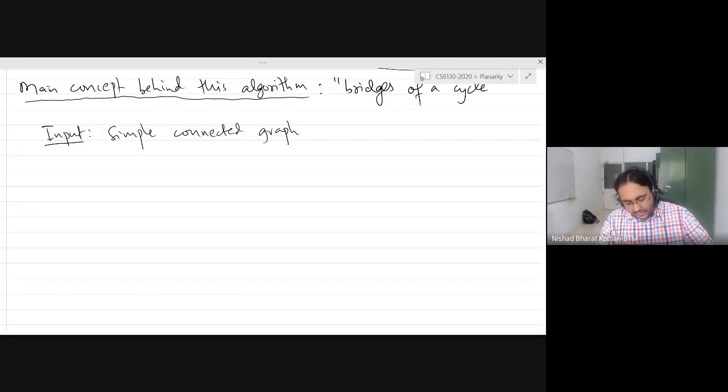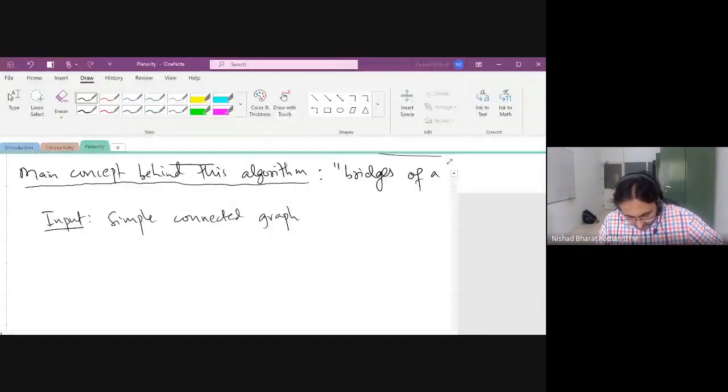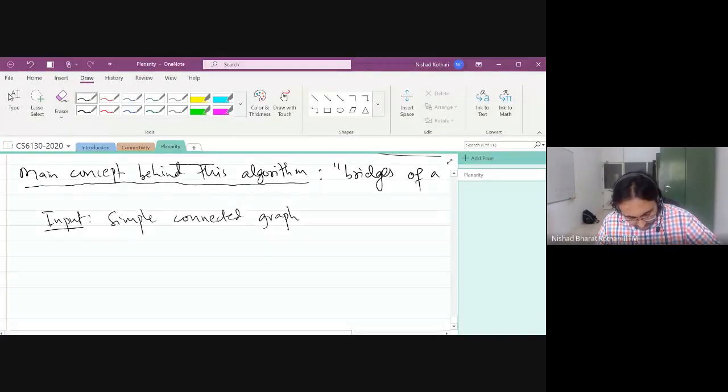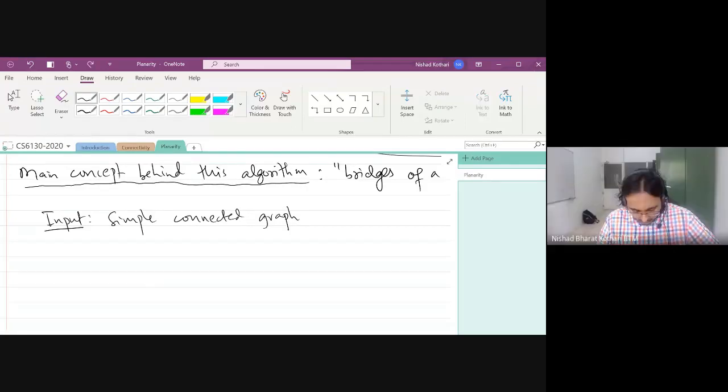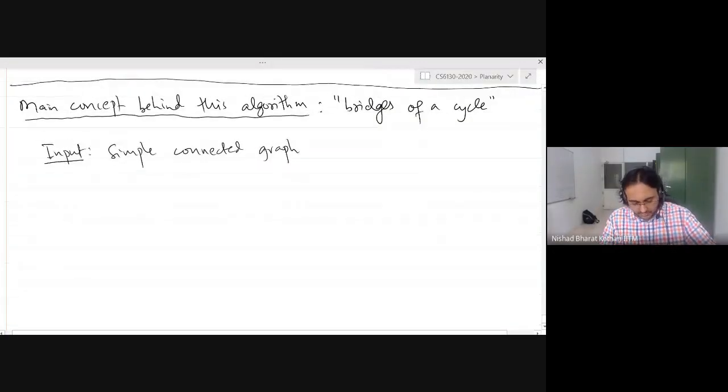So why are we assuming connected? Can anybody quickly tell me why we are assuming connected? What is the reason to assume that the graph is connected? We can apply the same algorithm for each connected component. Right, we can apply the same algorithm for each connected component.